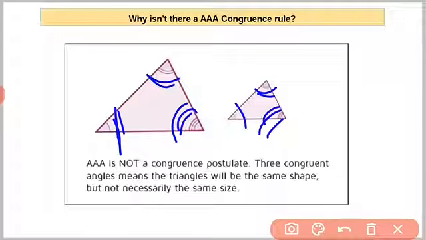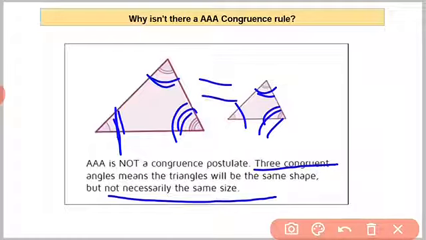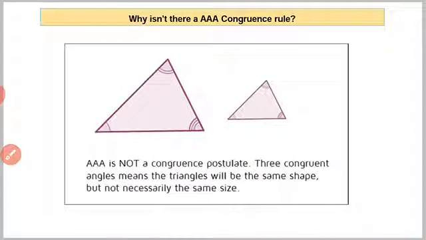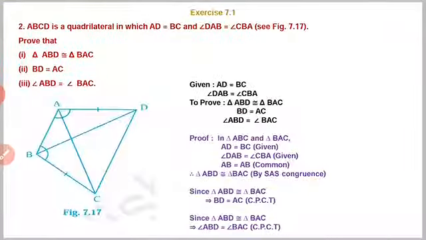Three congruent angles means that the triangles will be the same shape but not necessarily the same size. So, these two triangles are not congruent. That is why there is no AAA congruence rule.